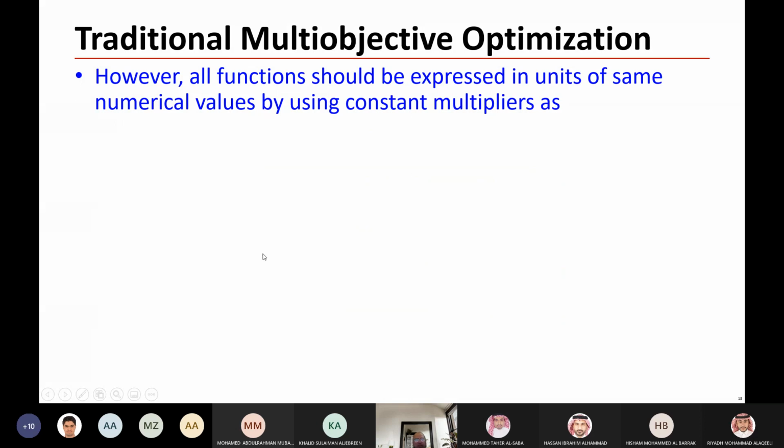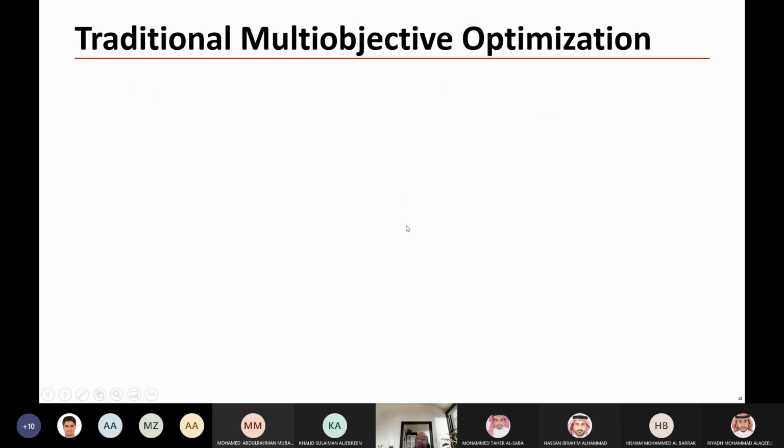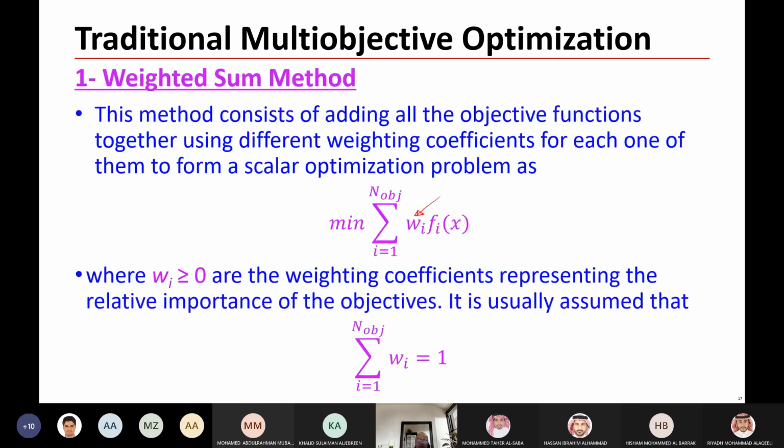However, all functions should be expressed in units of the same numerical values by using constant multipliers. If you combine several objectives together, you minimize W1 F1 plus W2 F2 plus W3 F3 and so on.